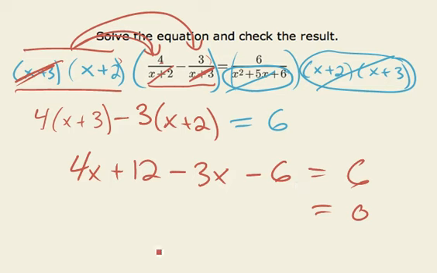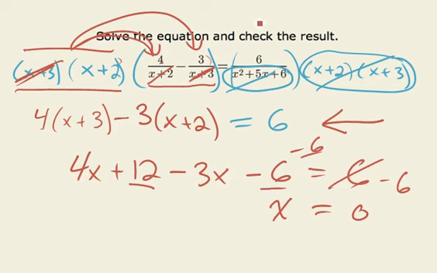Oh, I also had a positive 12 there. Hey, that's great. So I have a 12 minus 6. I subtract another 6. Why don't I write that down? Subtract 6. Subtract 6. So I have a positive 12 minus 6 minus 6. That's 0. 4x minus 3x, that's 1x. I have x equals 0 as my solution to this equation, right?